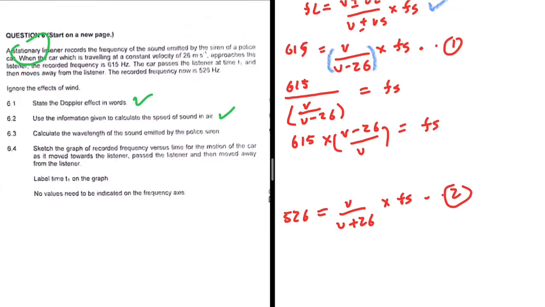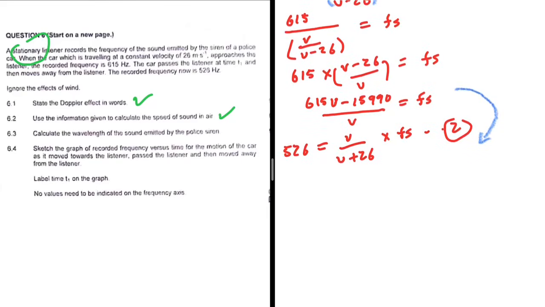Okay, let's further simplify it. 615 multiplied by V is 615V, and then we have 615 multiplied by minus 26, that is minus 15,990, everything divided by V. This is Fs. So let's substitute this Fs into our equation 2.